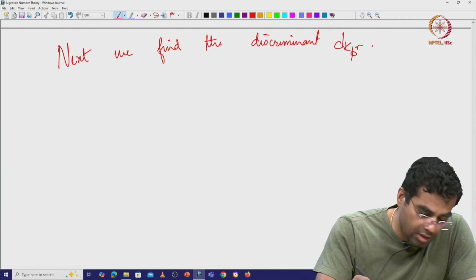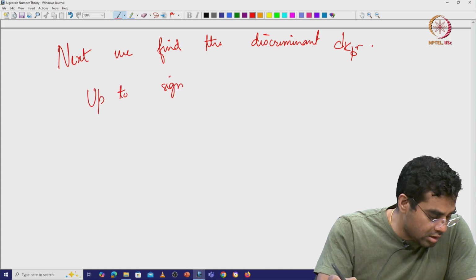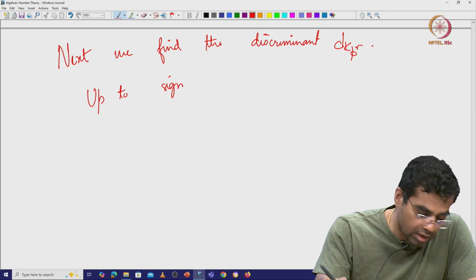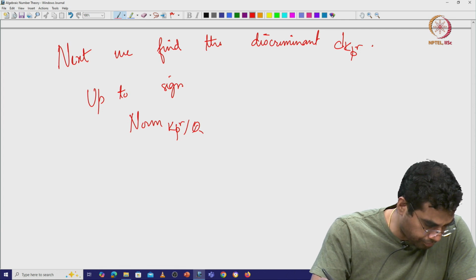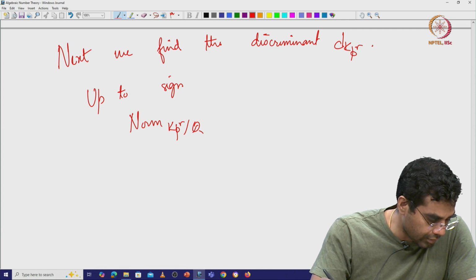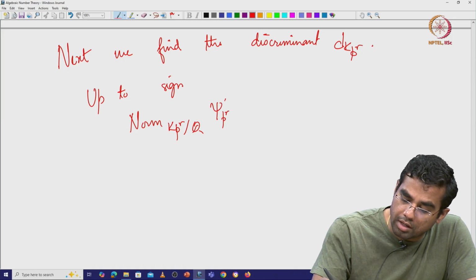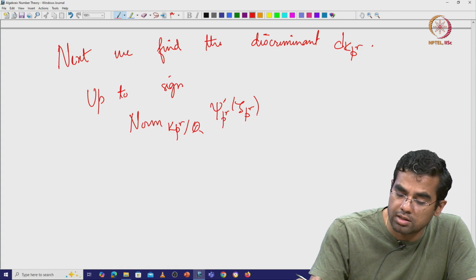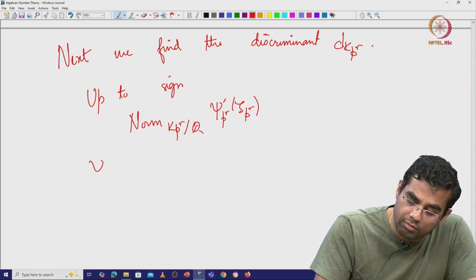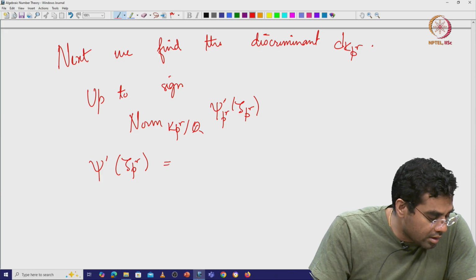Up to sign, the discriminant is the norm from K p to the r over Q of psi p to the r prime of zeta p to the r. So, we find what psi prime of zeta p to the r is, and what is this?